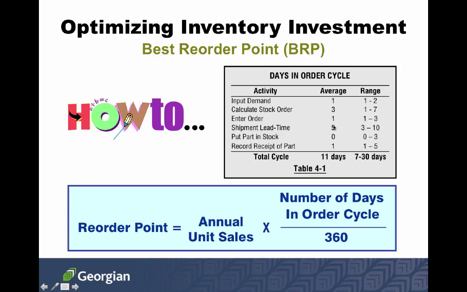Now, shipment lead time, particularly if there are back orders or other constraints, at 5 days, let's say, is normal in my area where I'm a given distance away from the parts distribution center, but 3 to 10 days are possible. Put the part in stock.